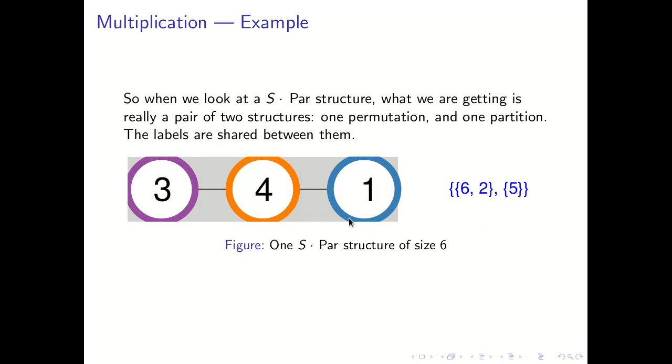And in this case we've given the labels 1, 3 and 4 to the permutation and the remaining labels 2, 5 and 6 to the partitions, and then our one object is this pair taken together. And so that's what I want you to think about when you're thinking about the product of two structures, because this is the natural combinatorial way to do it. Share your elements across the two parts in all the possible ways.